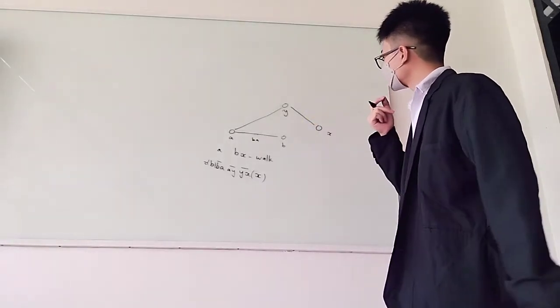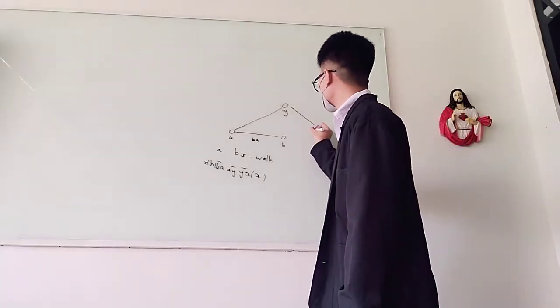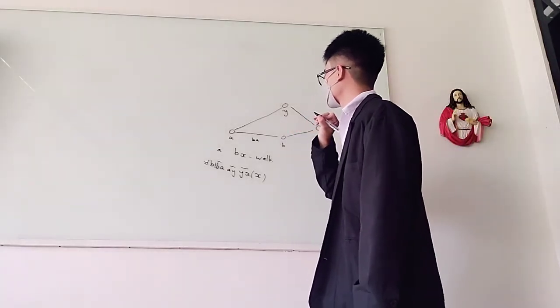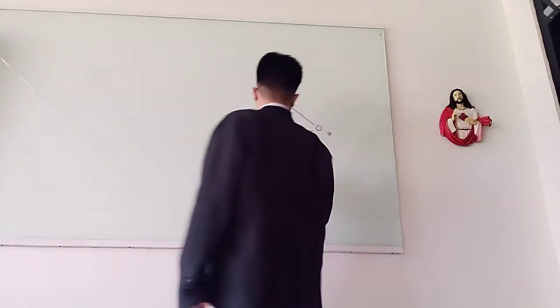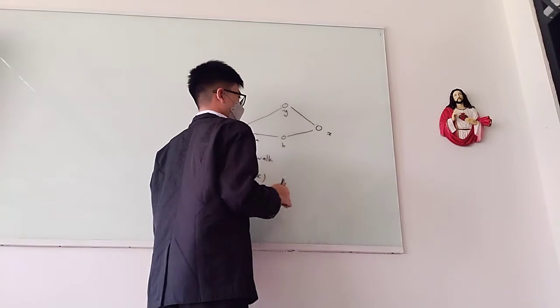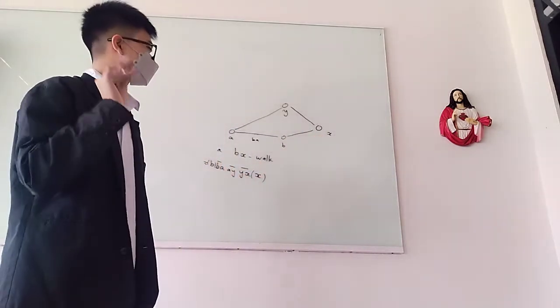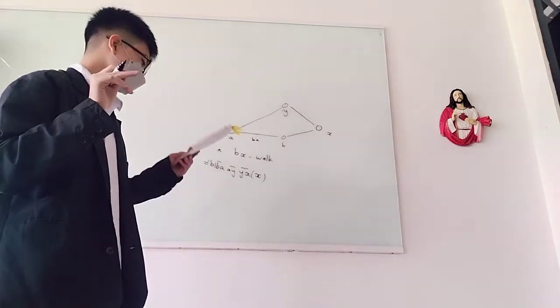Now, what if I close this graph, or make it a closed convex shape? What if I make it convex now, and connect X and B? So I create the edge XB equals BX, an undirected subgraph now.